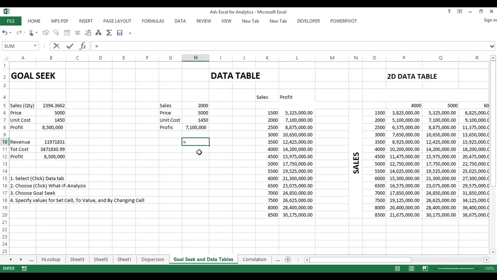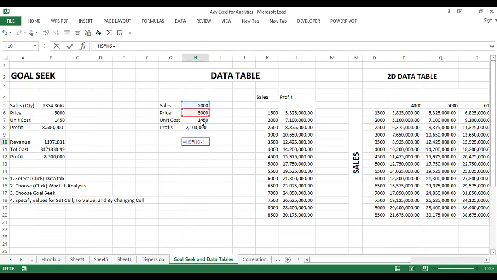So give it to me as an Excel formula. Okay, so that's the sales volume times the price, then minus the unit cost times the sales.